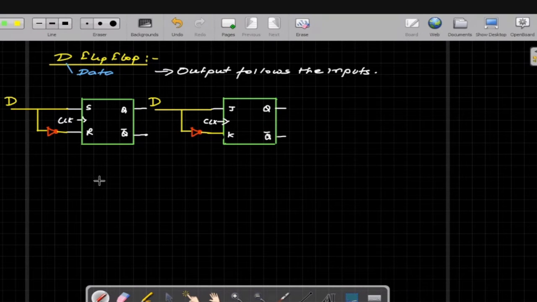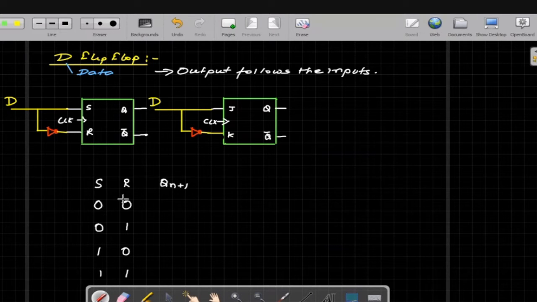In SR flip-flop, this is S, this is R, and this is my present state, let's say Qn+1. With S and R, we can generate different combinations like 0 0, 0 1, 1 0 and 1 1.